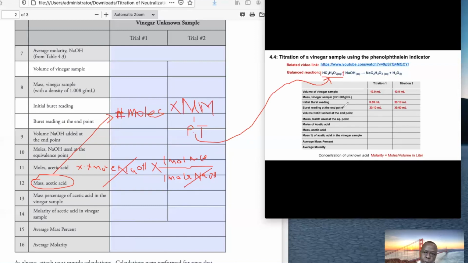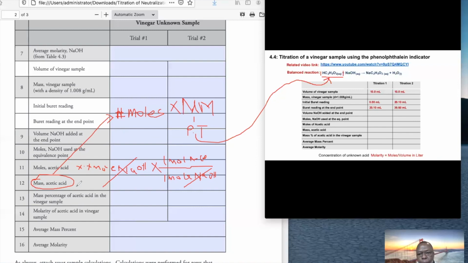You know the chemical formula: four hydrogens, two carbons, and two oxygens. Find the molar mass. That will be your molar mass times the number of moles from line 11. That will give you the mass of acetic acid.